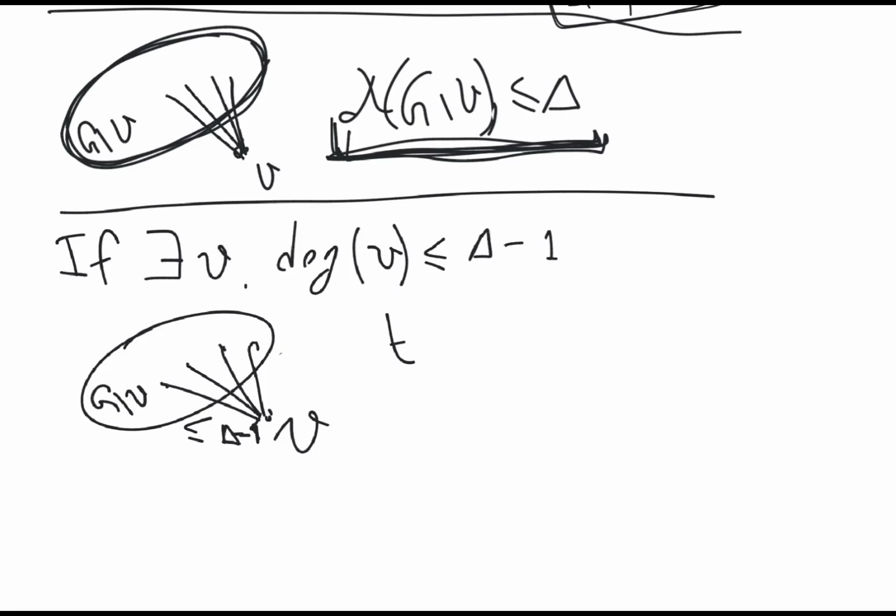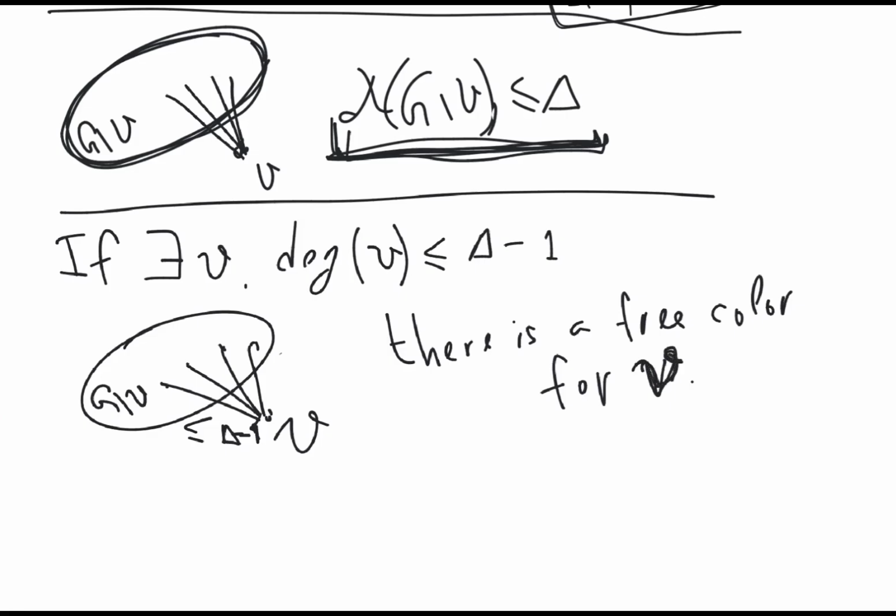So there is a free color for v, because we have delta colors and delta minus 1 neighbors of v.